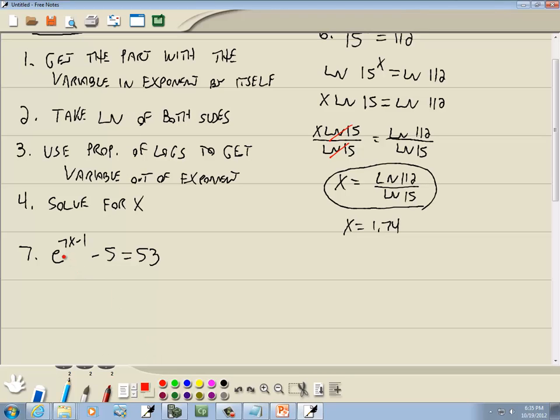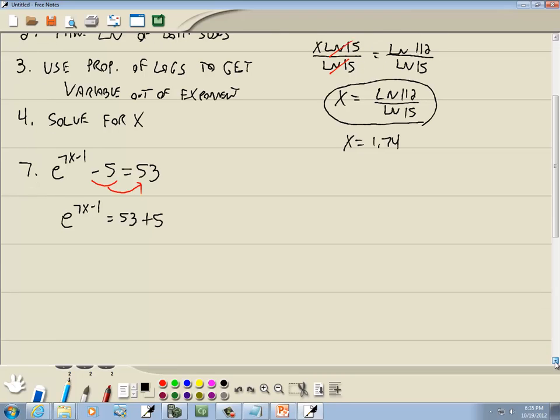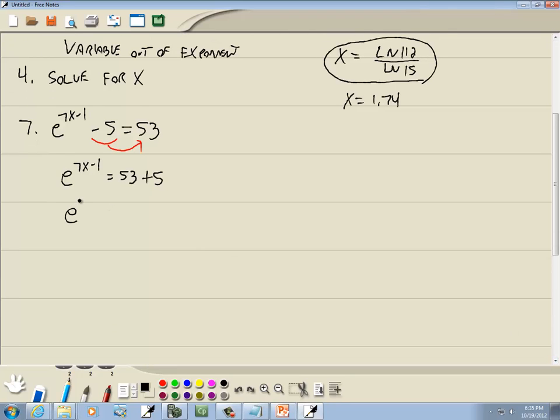The part with the variable and the exponent is the e to the 7x minus 1. We don't have it by itself, we got a negative 5 behind it, so we're going to take that negative 5 and move it to the right side. So we got e to the 7x minus 1 equals 53 plus 5. So we got e to the 7x minus 1 equals 58.